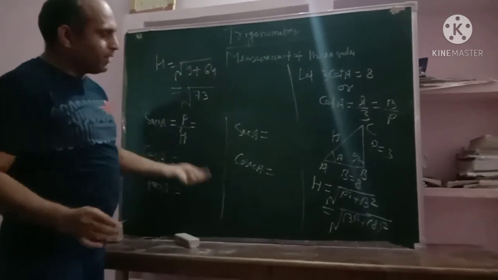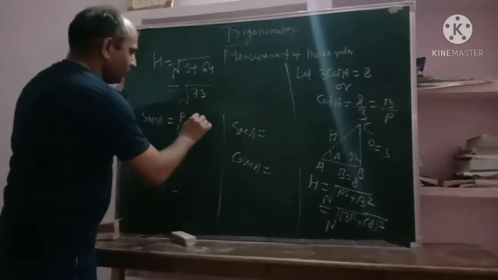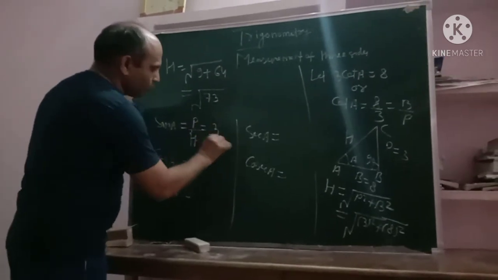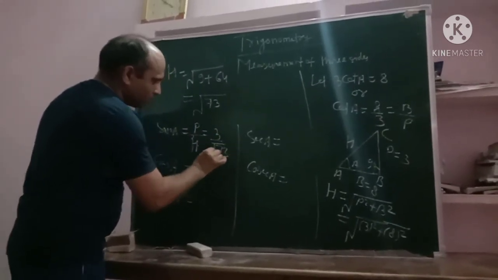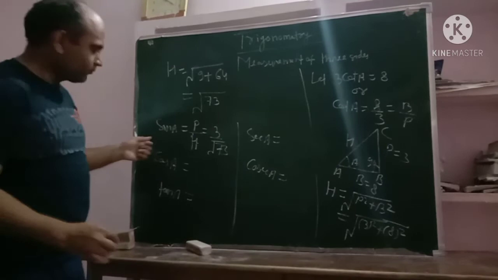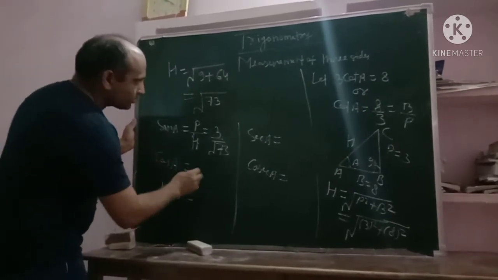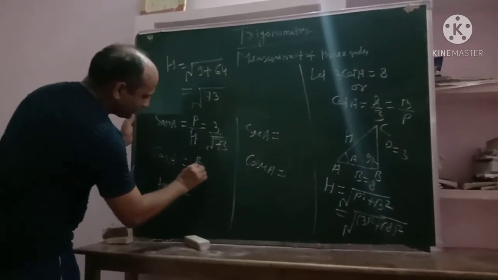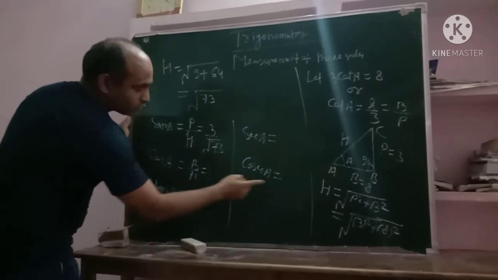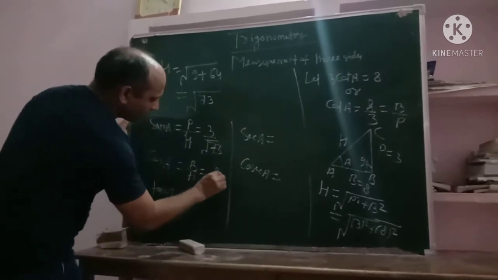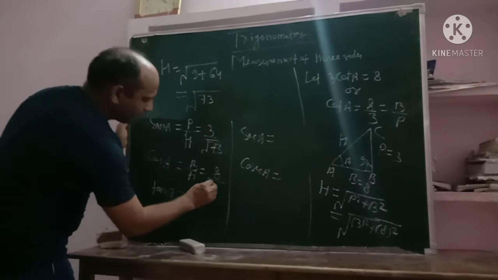So the length of perpendicular is your 3 and hypotenuse is your root 73. So this is the value of sine A. Cos A is equal to base upon hypotenuse. So here the base side is your 8 and hypotenuse side is your root 73.